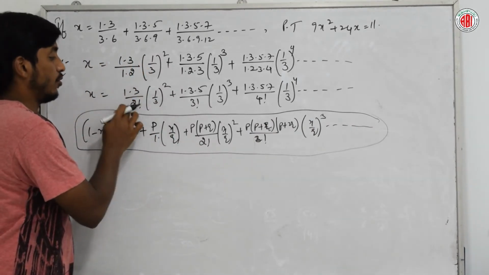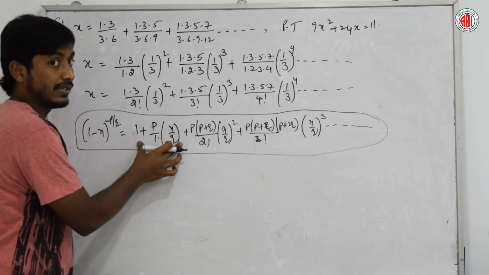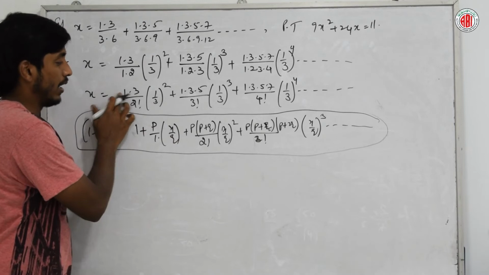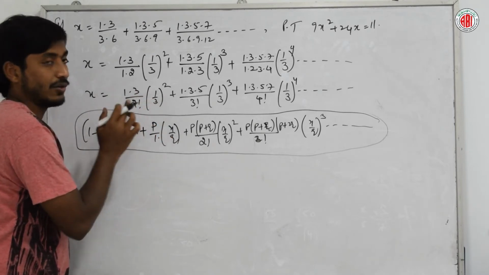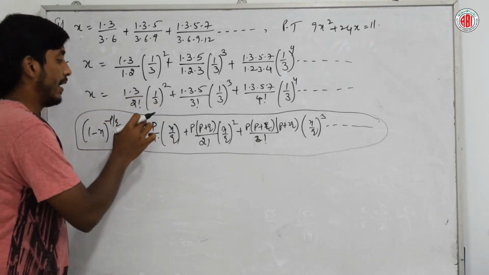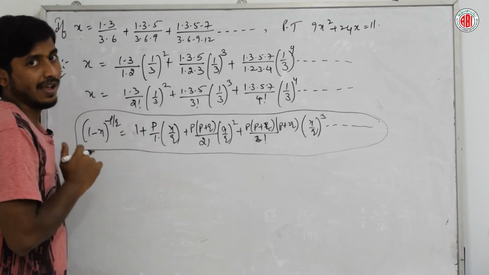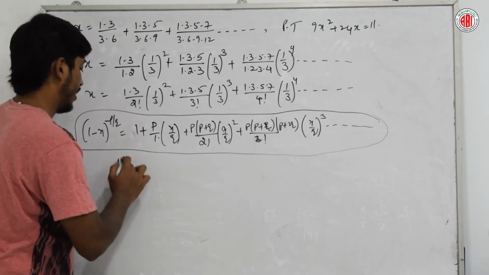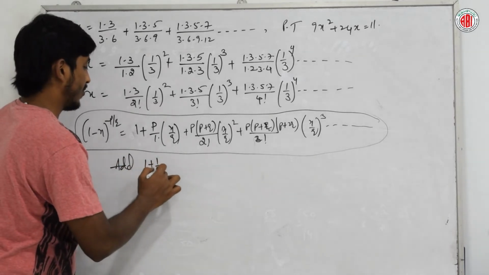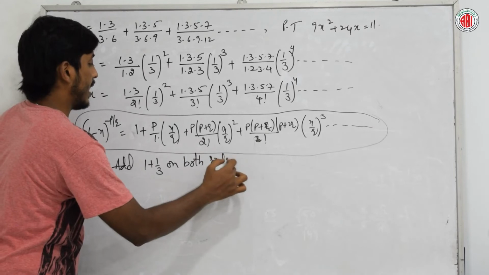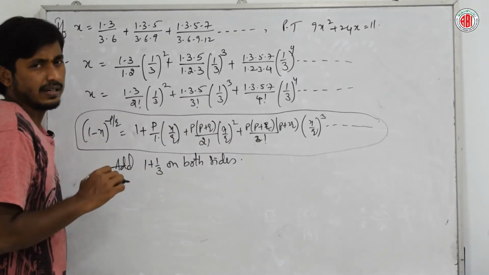We have directly 2 factorial here, so we don't have this number. So how do we get it? P is 1 by 3, x by q, so we have to add 1 plus 1 by 3 on both sides, isn't it? So what do we get?